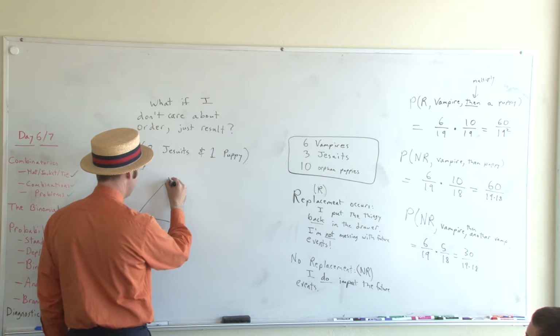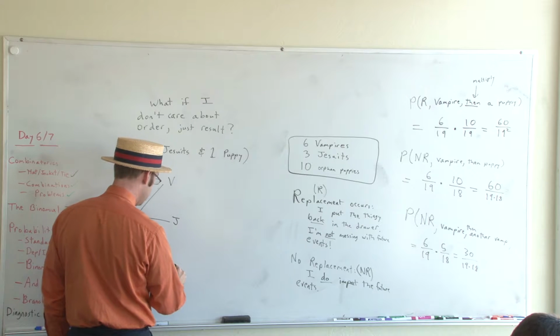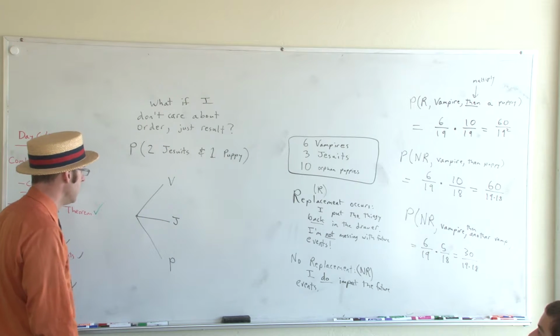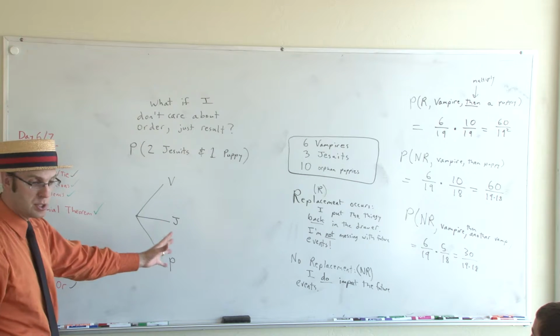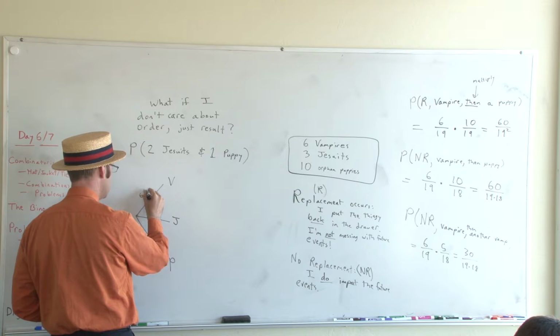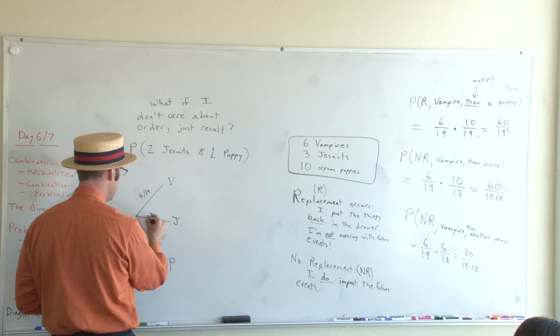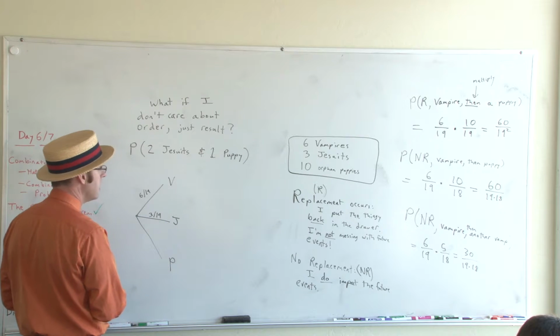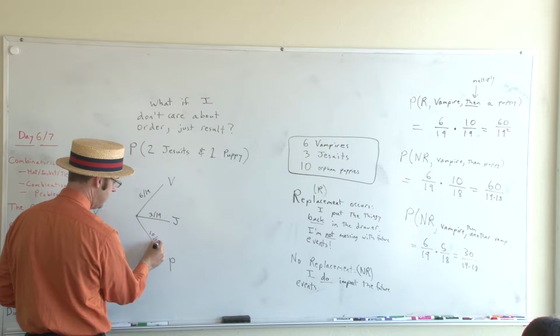So I've got vampires, Jesuits, and puppies. For my first choice, I've got a 6 out of 19 chance of vampire, a 3 out of 19 chance of Jesuit, and a 10 out of 19 chance of puppy.